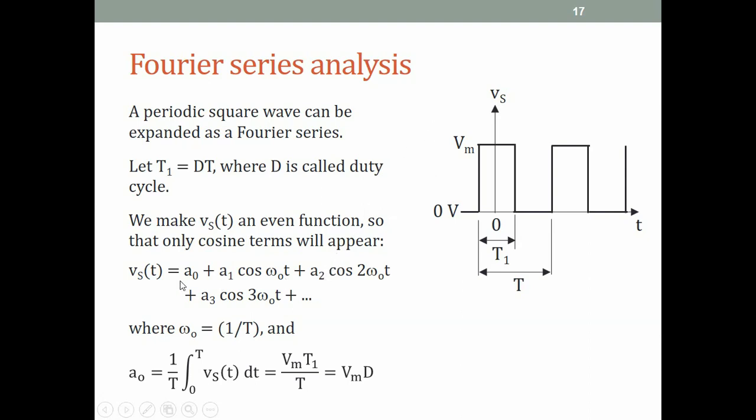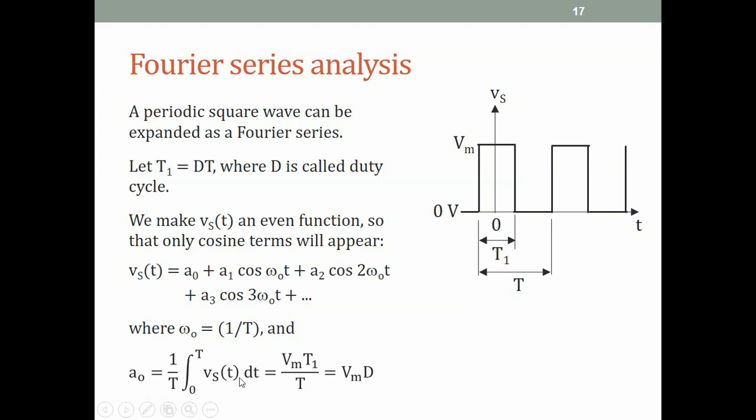So this is a Fourier series expansion of this square wave, where I am only evaluating A0; A1, A2, A3 I am not evaluating. We will see why in just a minute. A0 is, as you have done before, 1 by capital T times the integral from 0 to capital T of Vs(t) dt.